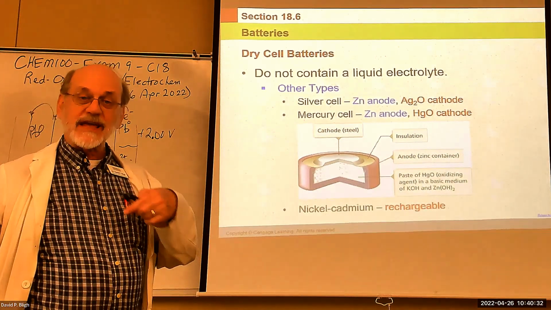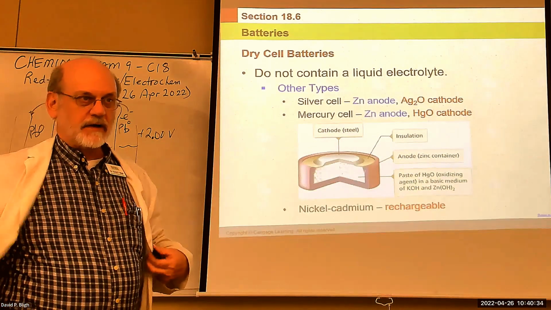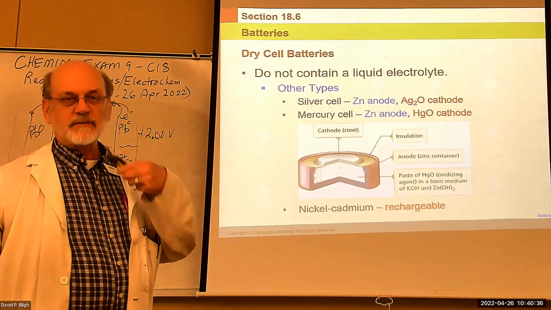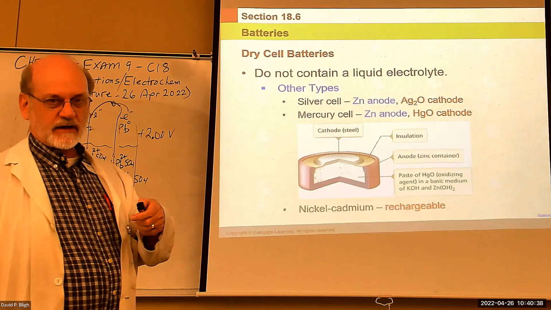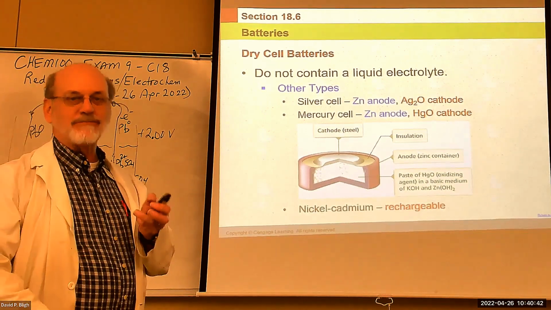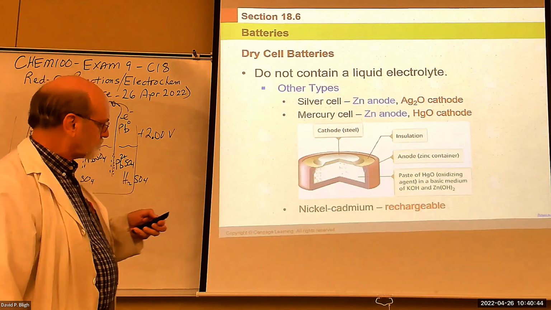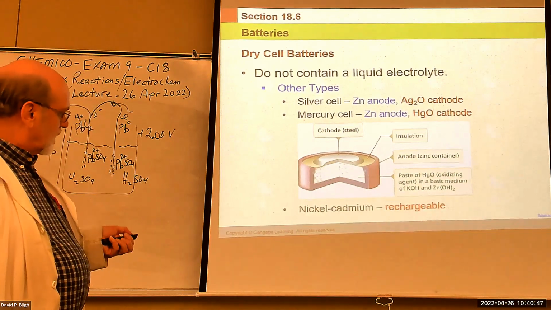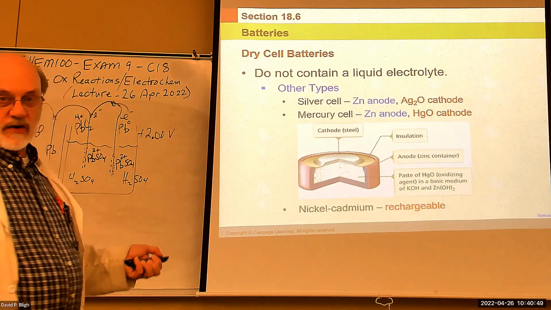But some batteries can be engineered to be rechargeable. In other words, they work very well when you drive the reaction backwards. And the nickel cadmium battery was one of those.